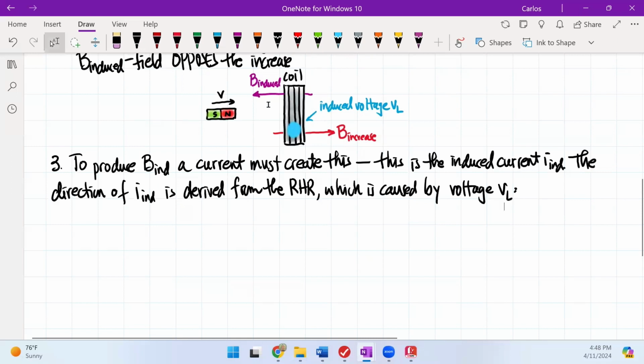So if I look at this picture one more time, here's what I'm really seeing here.